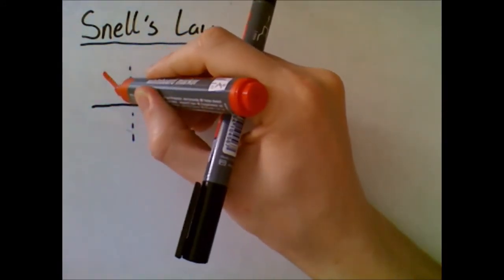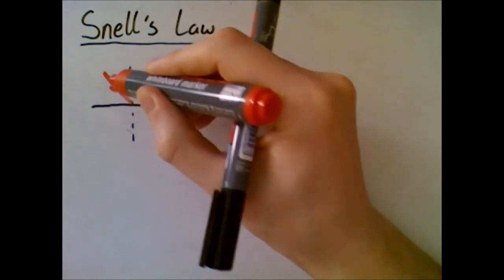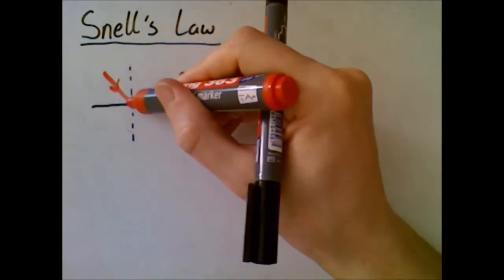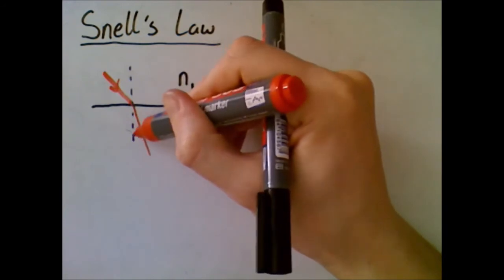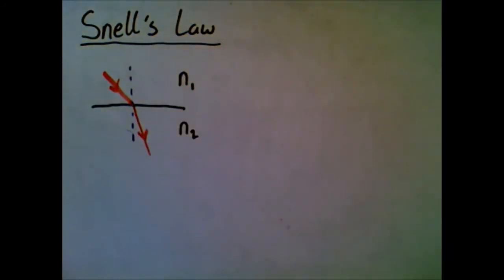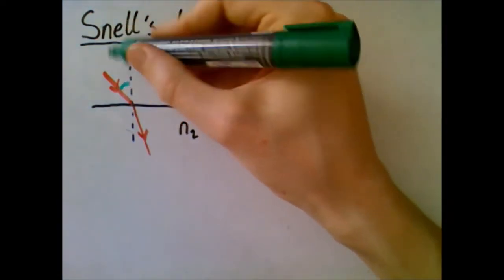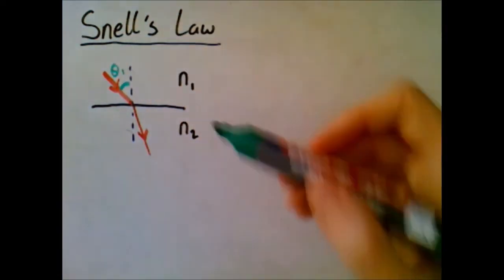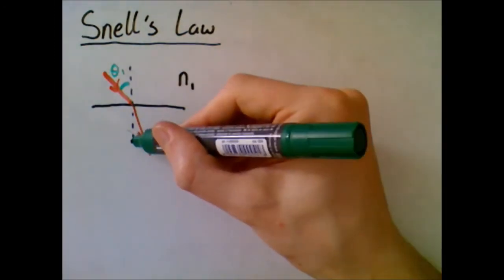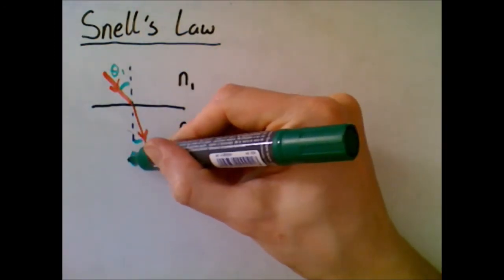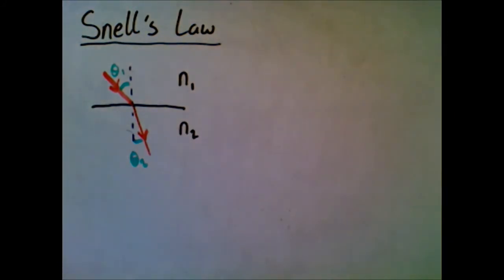So there's what we would call the incident ray, and here is the refracted ray. You may remember that we've got two key angles, and the angles we're interested in are the angles between the normal line and the ray. I've got this angle in here, which I'm going to call theta 1, because it's on the side of n1. And then I've got this angle in here, theta 2.